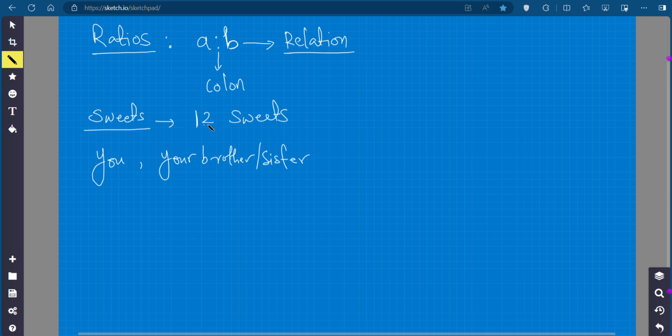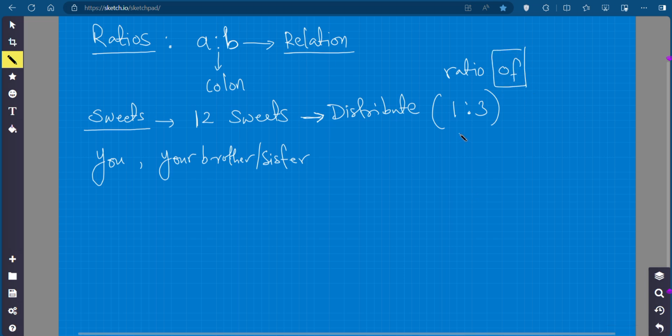Your parents give you 12 sweets and say, please distribute them among yourselves, which means among you and your brother or sister, in the ratio of 1 colon 3. I am saying in the ratio of.